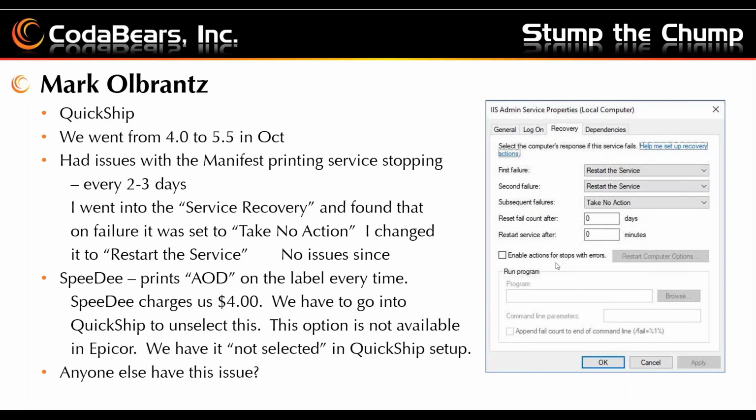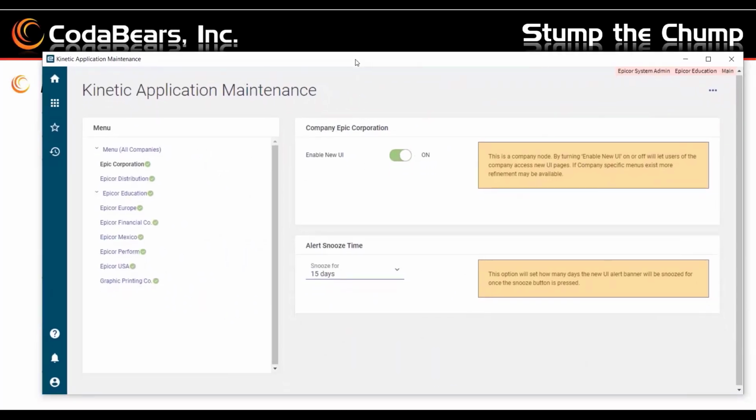Yeah, this is Amy. I think the way that I know of is through Kinetic application maintenance, which somebody already showed on their screen. If there is another, behind-the-scenes way, I'm not sure I remember what that might be, but this is the screen that will turn it off.